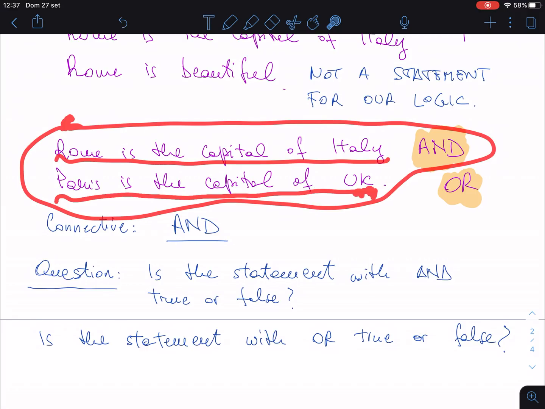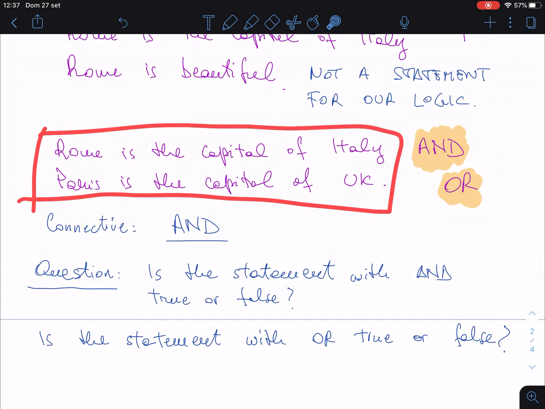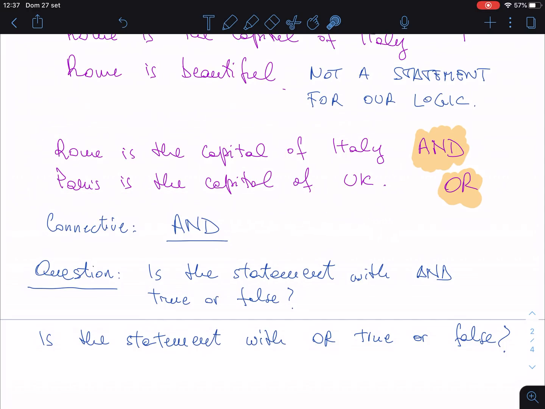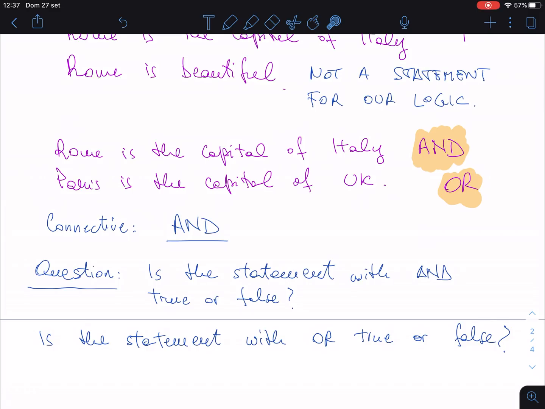If I put and here, I mean that in order for the whole statement to be true, every single element must be true. On the other hand, if I put or here, we have that the statement is true if, and only if, we will see what if and only if means, at least one of the two statements is true.